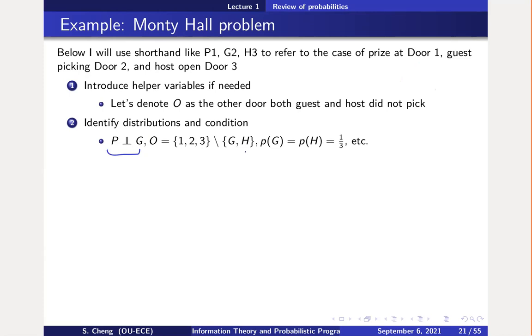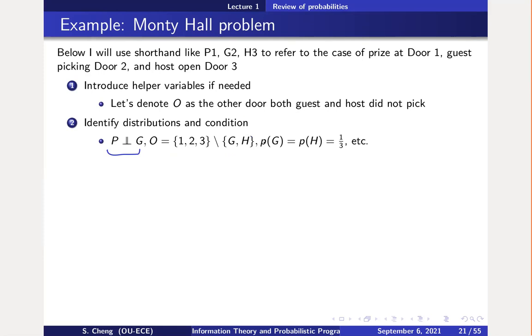And I have a precise definition of O: O is the other door that the guest and host did not pick. I use a slightly fancy notation here, set difference. Let's say I have doors 1, 2, 3. Besides the guest door and host door, the other door will be the remaining one.